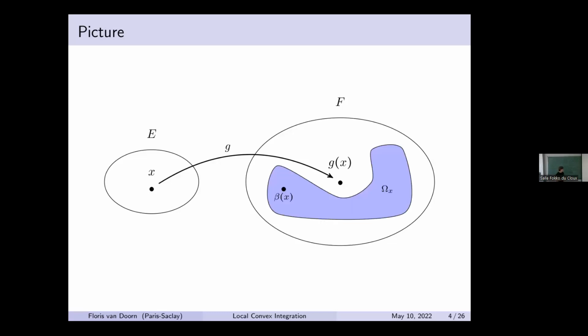And what we want to do is approximate this map using loops inside some specified allowed region omega. So for each x in the domain, we have a region omega x, where we have a map from x into omega. And what we want is to find a loop in omega x such that the average of this loop is g of x.